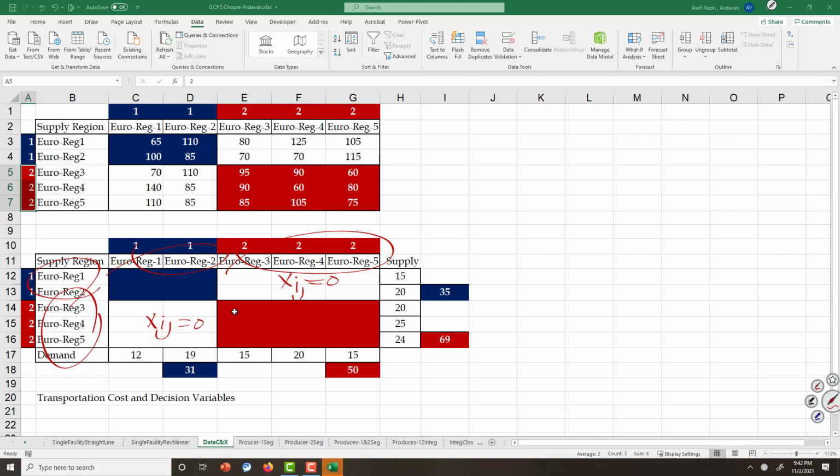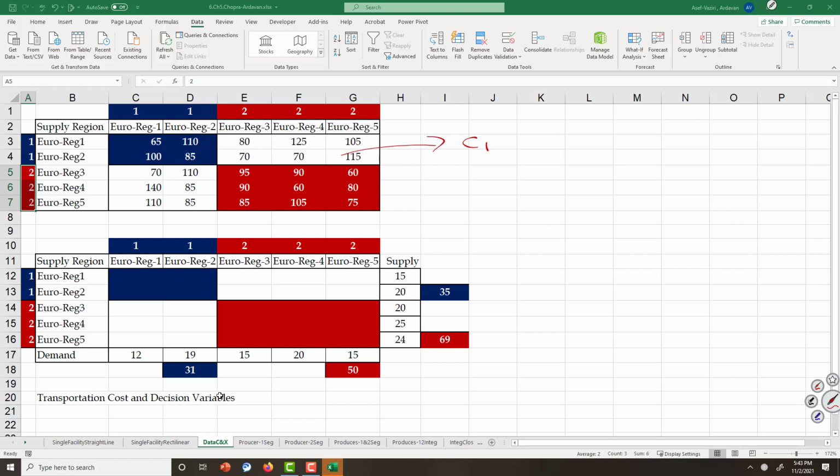My question is, can we create an integrated table, solve these two problems separately in one table? The answer is yes. All I need is to allocate very high costs.